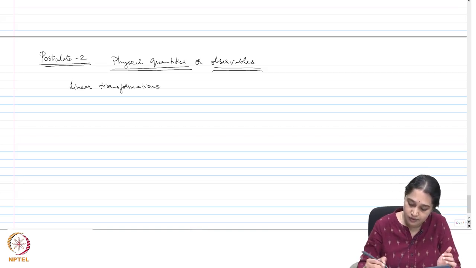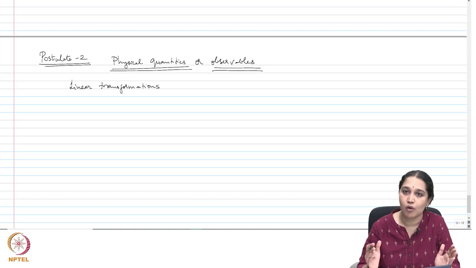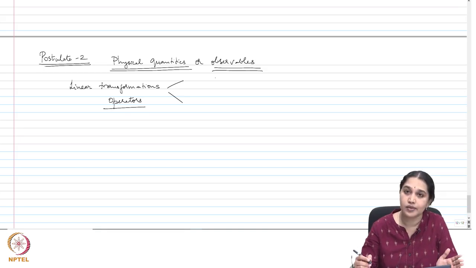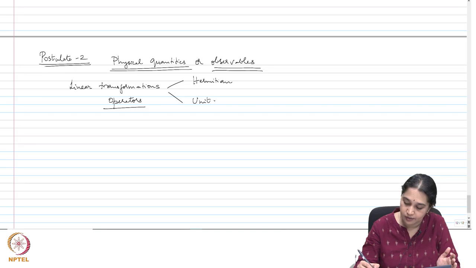So these linear transformations occupy a special place in quantum theory, obviously, and there are two kinds of linear transformations. So we will also often refer to them as linear operators, right? There are two classes of linear operators that we'll be interested in, namely Hermitian operators and unitary operators.